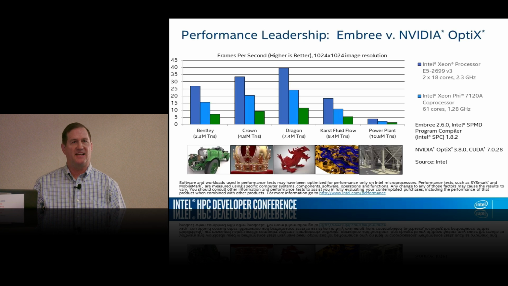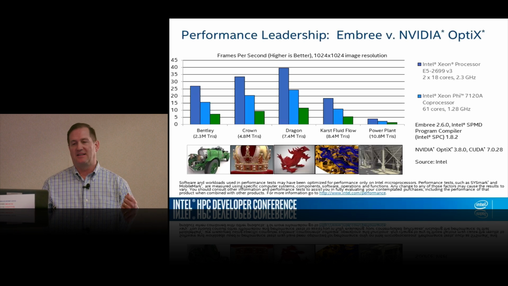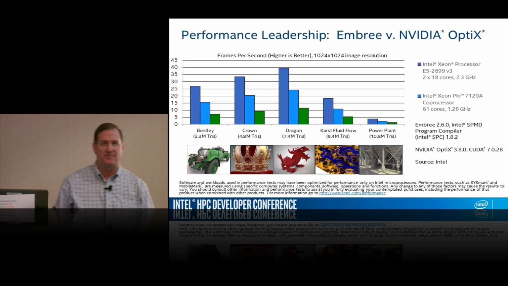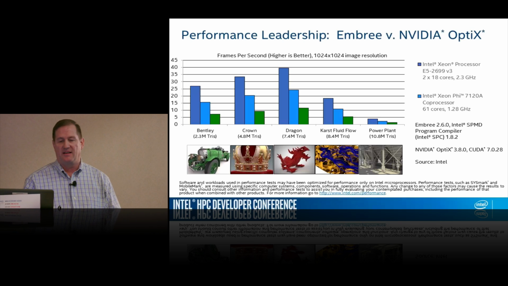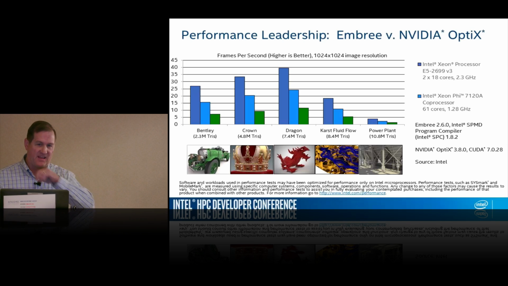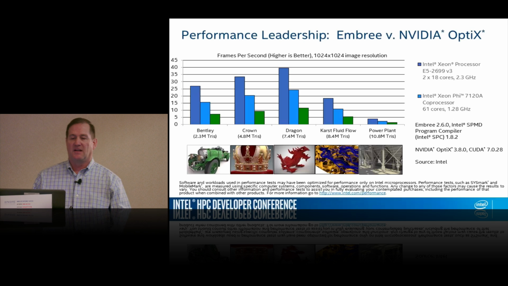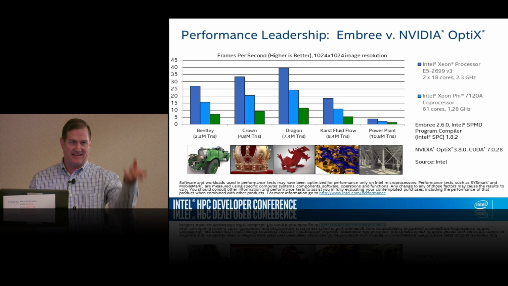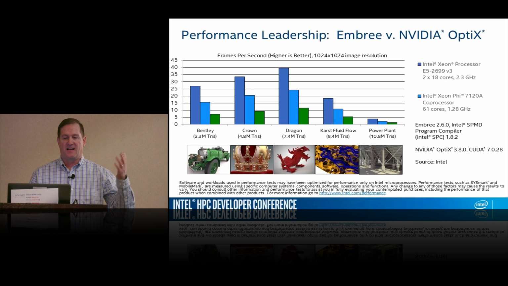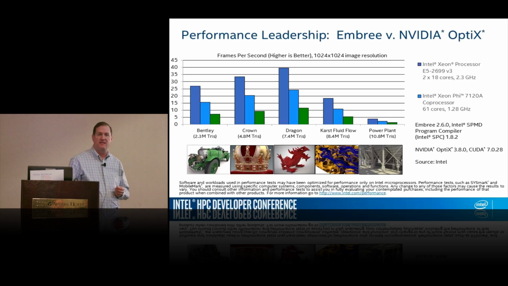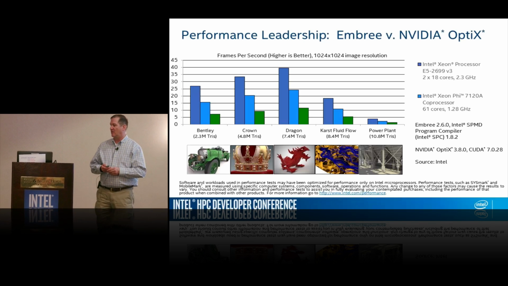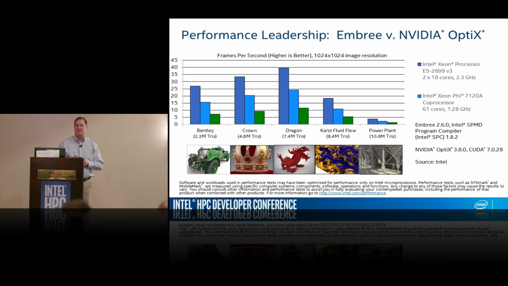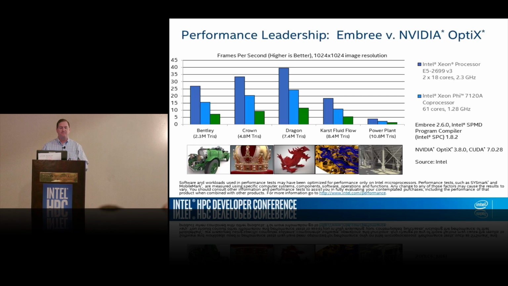Just to give you a sense of the impact and the performance of Embry, we did a paper in 2014 that was accepted for SIGGRAPH, and you'll see here that on an essentially exact duplicate path tracer renderer, today's Haswell runs about 4x on at least this set of workloads that we sort of picked at random.